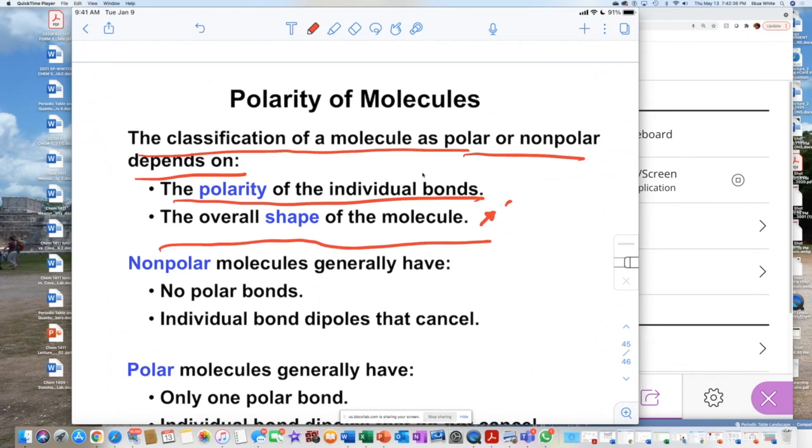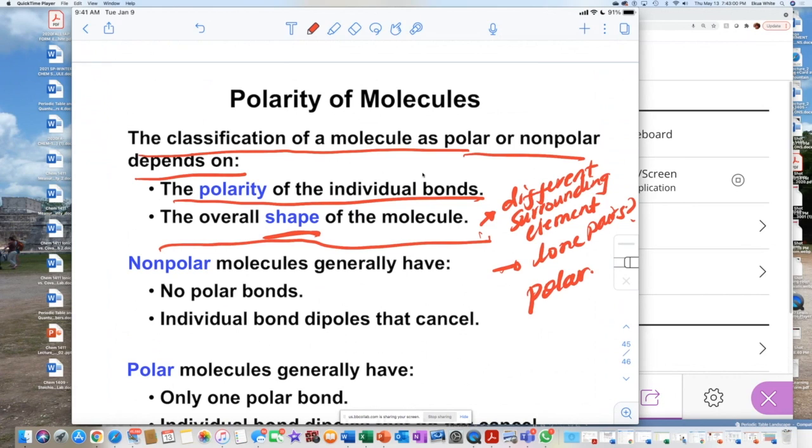And you're looking for, do you have different surrounding elements, right? Or do you have lone pairs? If you have either one of these two scenarios in the shape of your molecule, then you're dealing with a polar molecule. And of course, each of the individual bonds in your molecule has to also be polar.